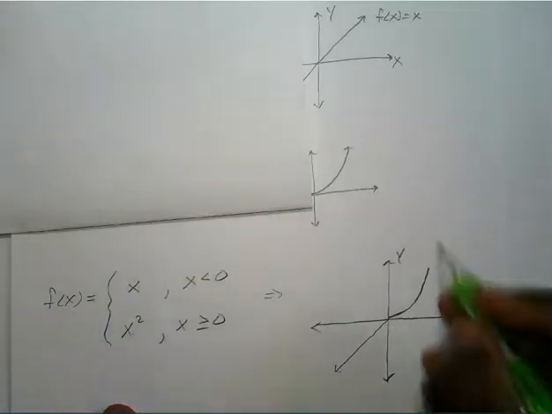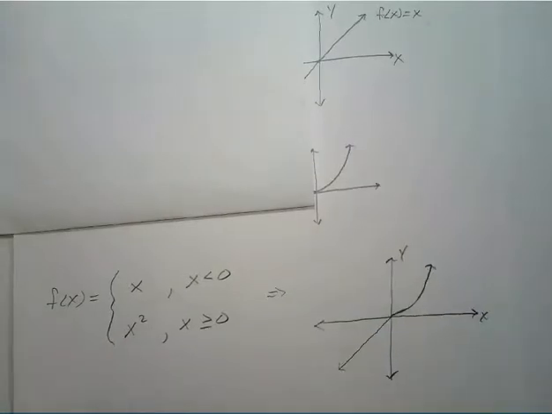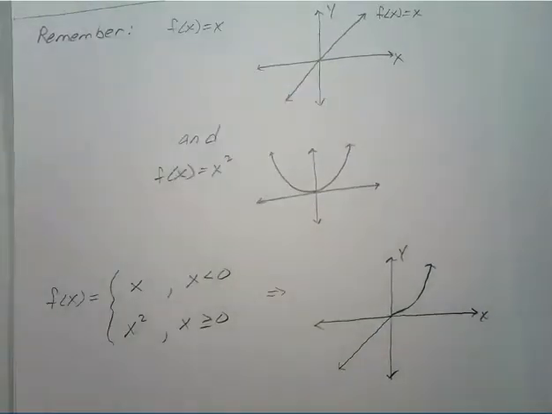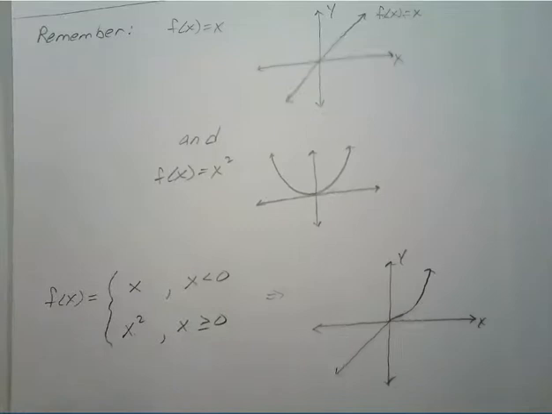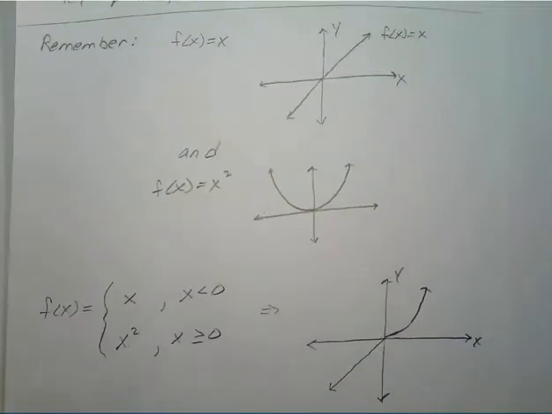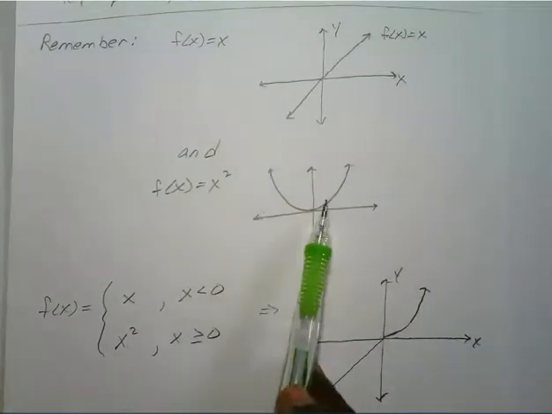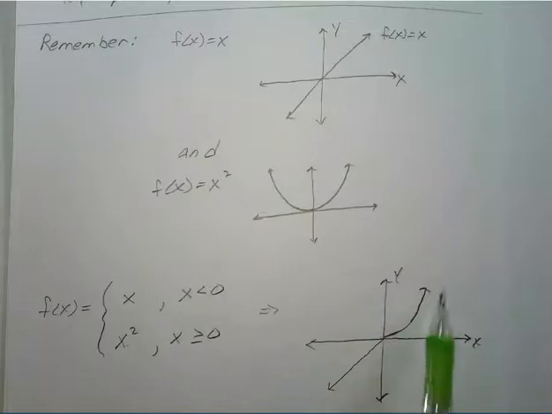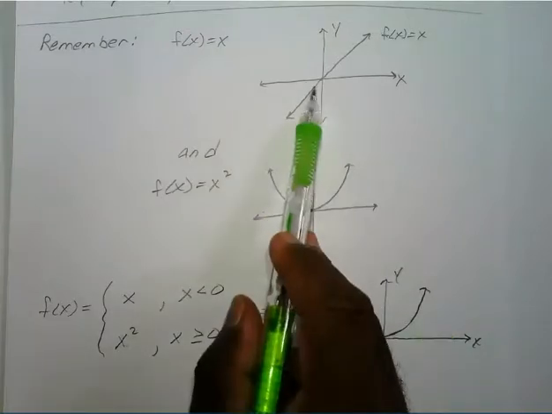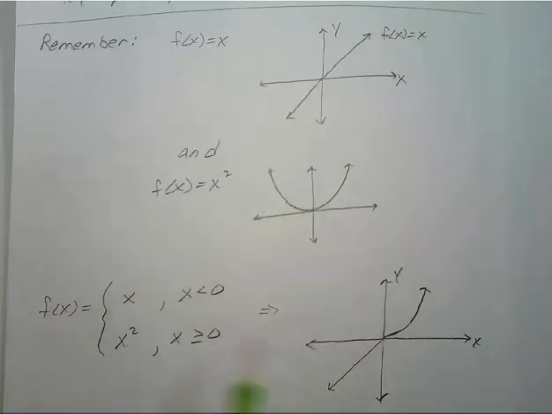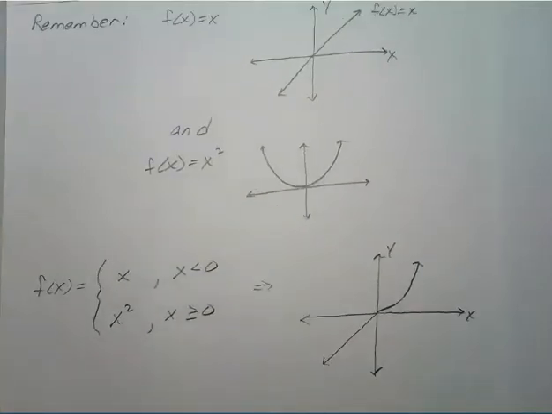Good enough, hopefully you get the idea. That is a piecewise function: f of x equals x squared for x greater than 0 and f of x equals x for x less than 0.